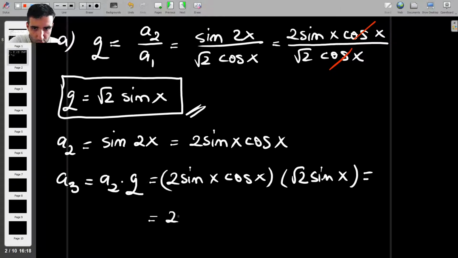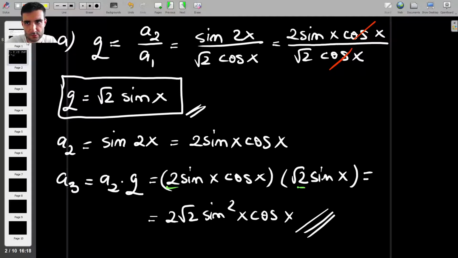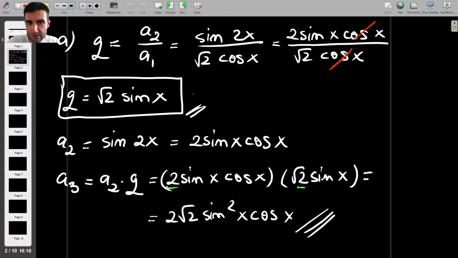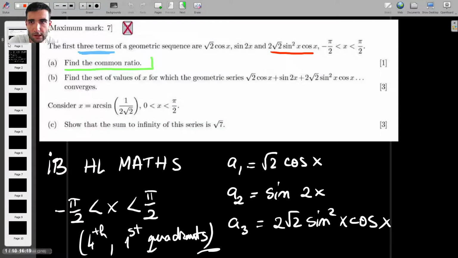This is going to be 2 root 2, multiplying the 2 and the root 2, and then we have sine squared x cos x. Which is exactly the third term that we're given in the question, so we can conclude for certain that this is the common ratio.